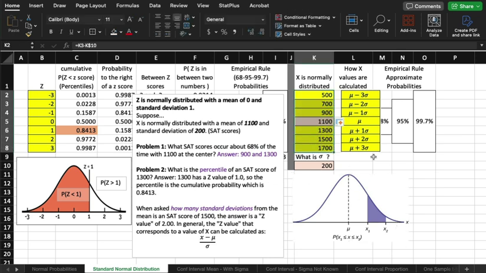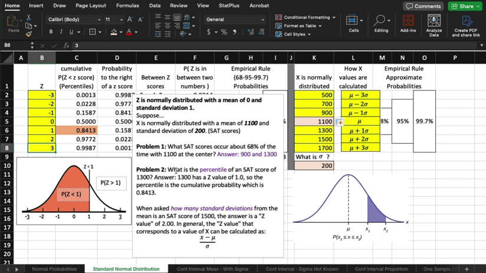So when we're talking about SAT scores, these are the x values that correspond to these integer values of z. They measure 3 standard deviations away from the mean, 2 standard deviations away, and so on, right? How many standard deviations away from the mean are you?